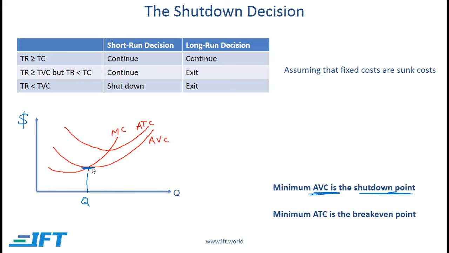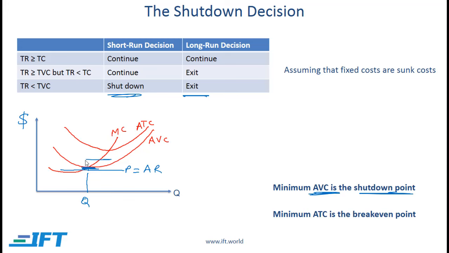And this should be fairly intuitive. If the price is below that point, so this is the price which is the same as average revenue. So if the average revenue falls below the average variable cost, then clearly the firm should shut down in the short run and exit the market. So that's why this is called the shutdown point.